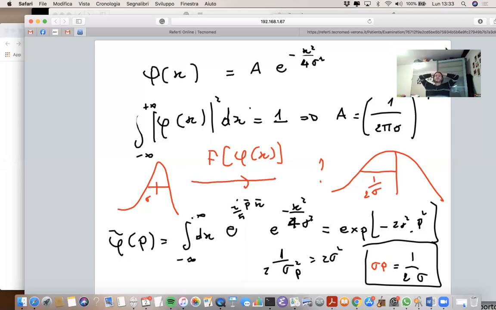And we have an example of that. If you remember the plane wave. You can think about the plane wave as a state in which the momentum, p, is completely fixed, and the position is completely delocalized.